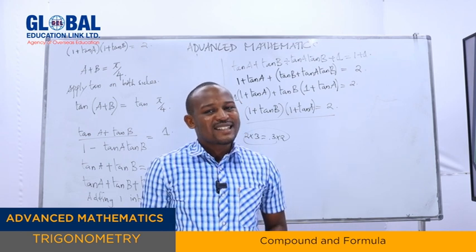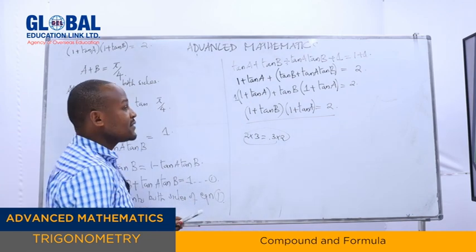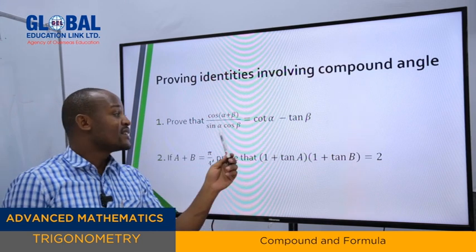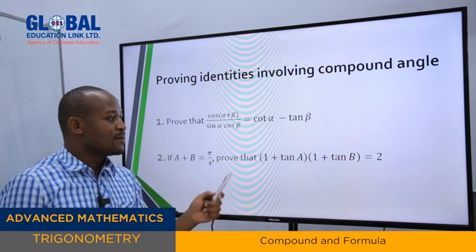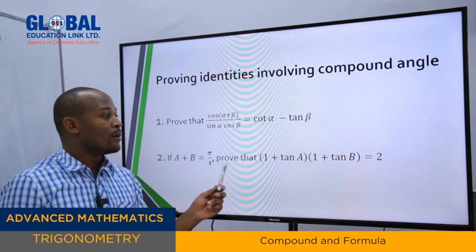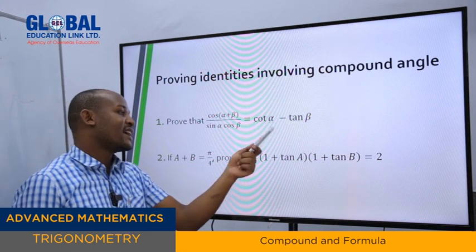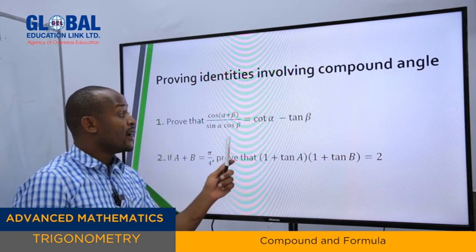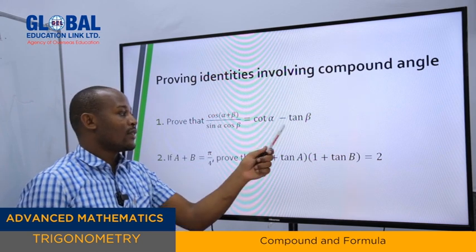But not necessarily every time you are told to prove that the left hand side is equal to the right hand side, that they should be the same. Sometimes there can be mathematical errors in writing, even in the signs or the letters. So sometimes it may occur that you can't reach the resemblance.